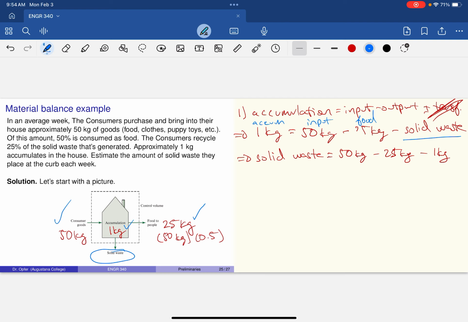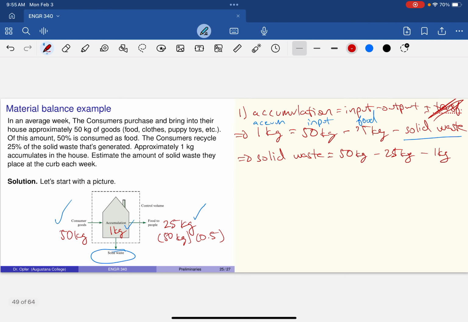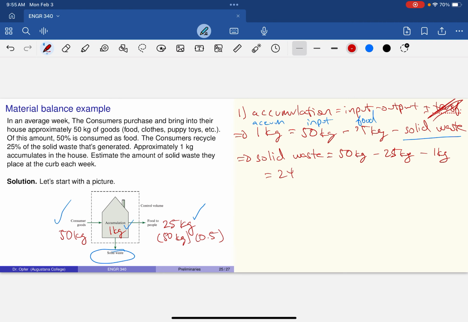Okay, so all I did was bring the solid waste over to this side and the accumulation over to this side. Okay, so that tells us that our solid waste is 24 kilograms. Okay, so this is the total amount of waste generated each week.